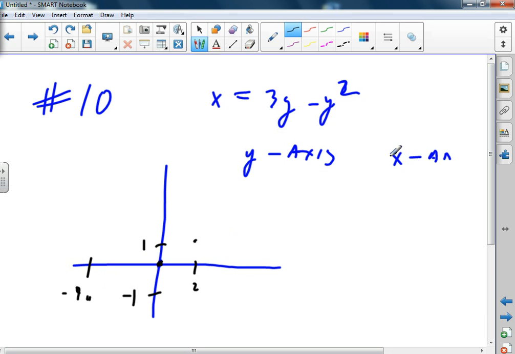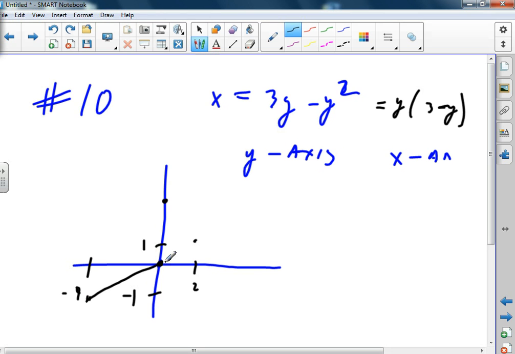Oh, yeah. This factors: y times 3 minus y. So when y is 0, x is 0, and when y is 3, x is 0.